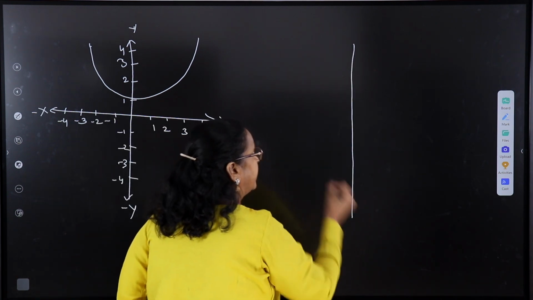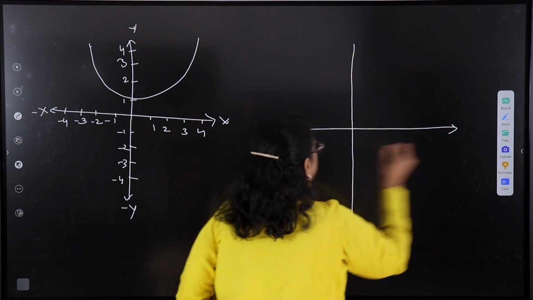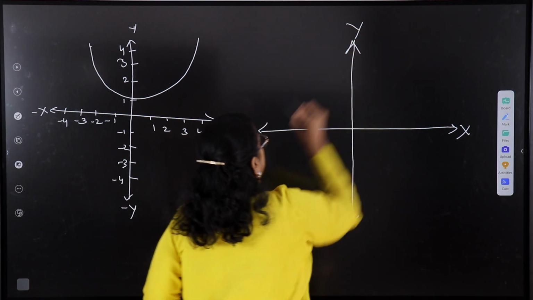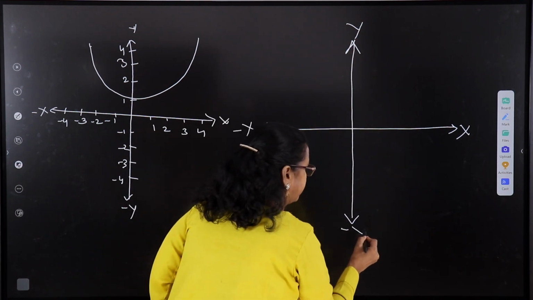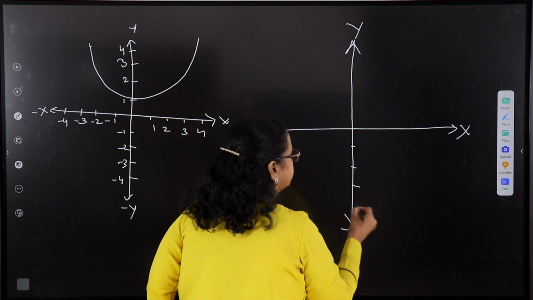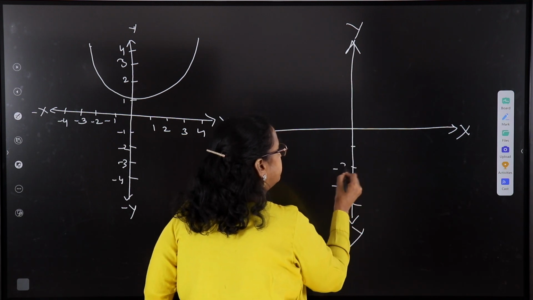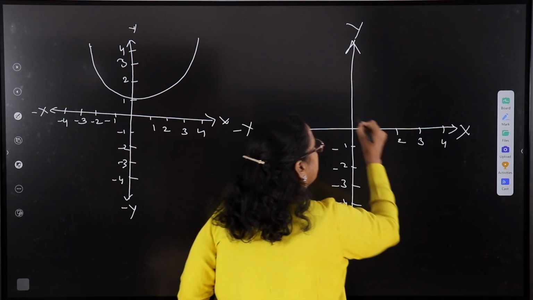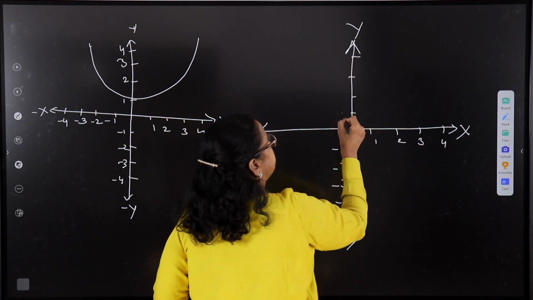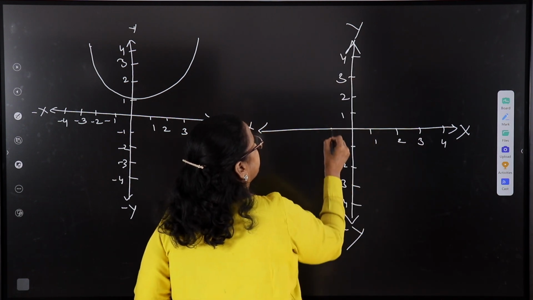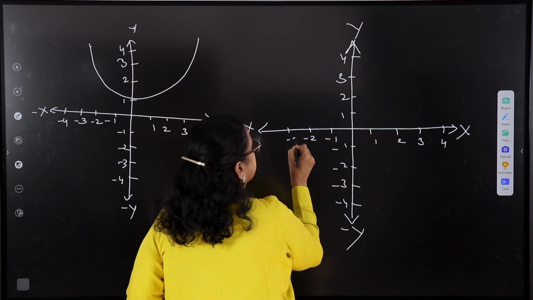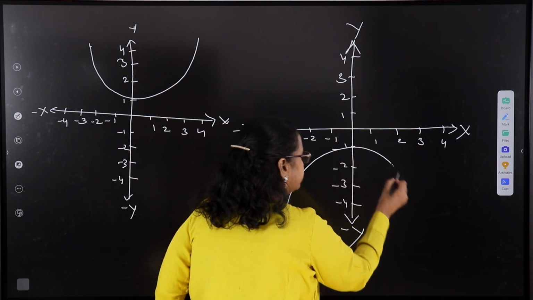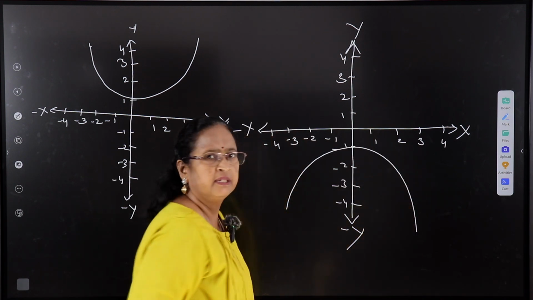Let us take another graph with x, y, negative x, negative y, and the axes marked from minus 4 to 4. Now suppose I have an inverted parabola.